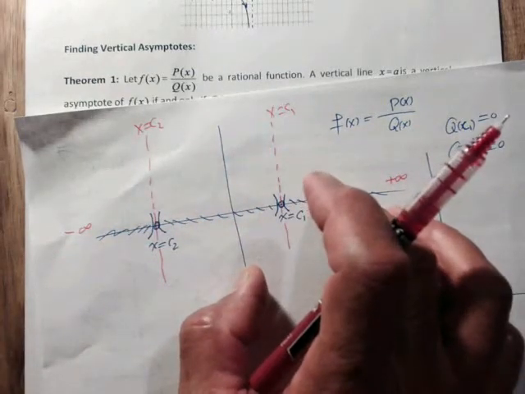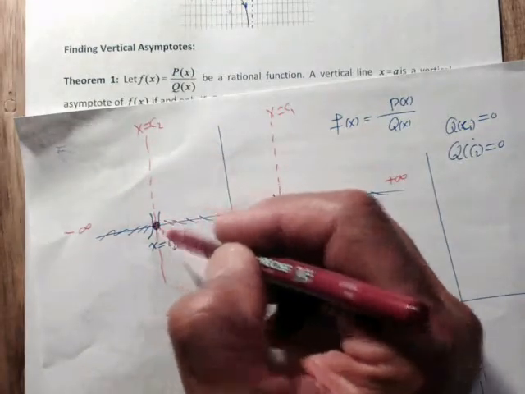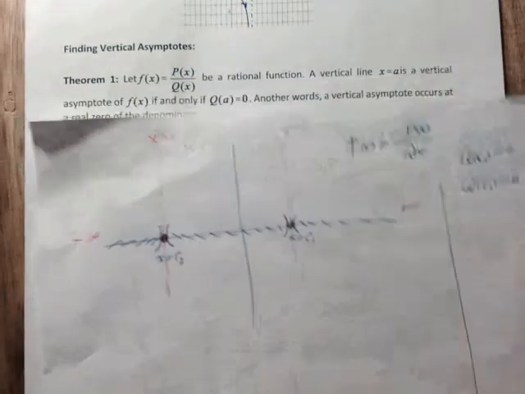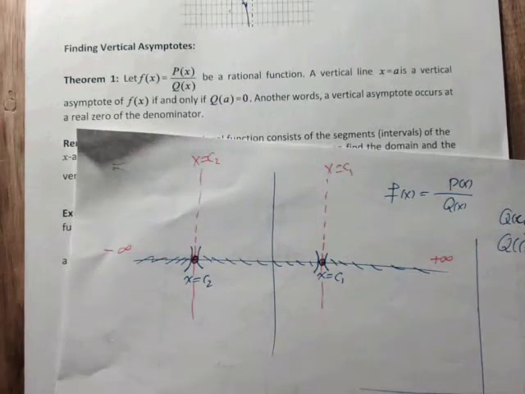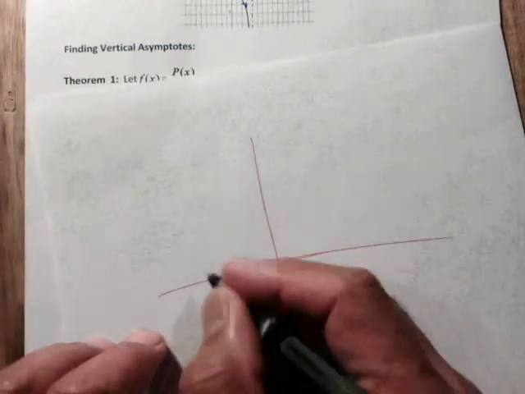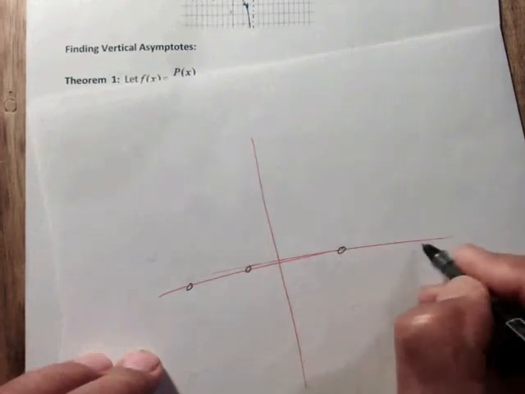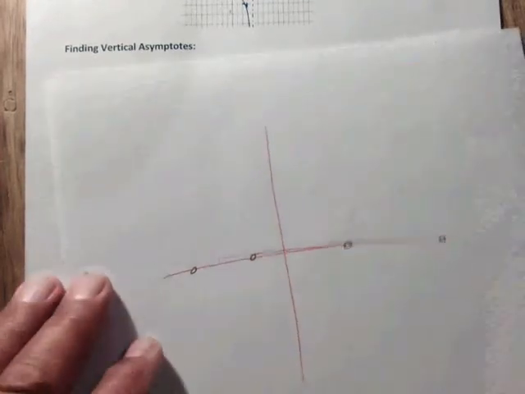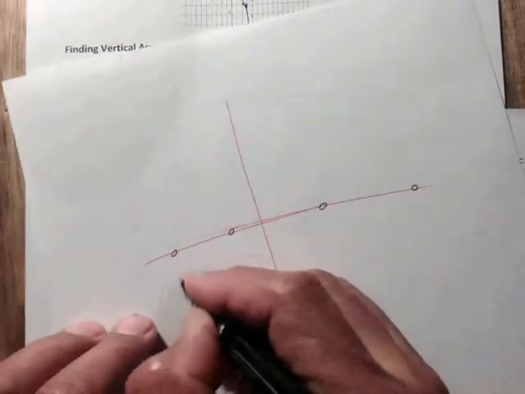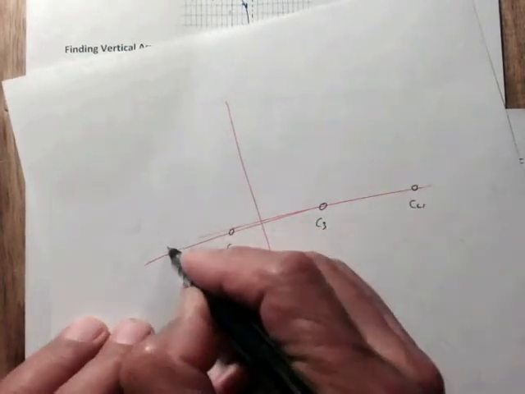Those points are not in the domain. If you have a situation with 5 points, let's say c1, c2, c3, c4, these points are not in the domain. The domain is like this.